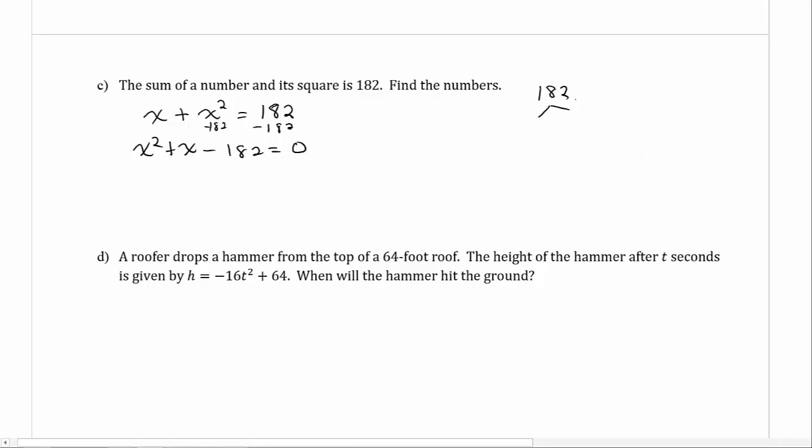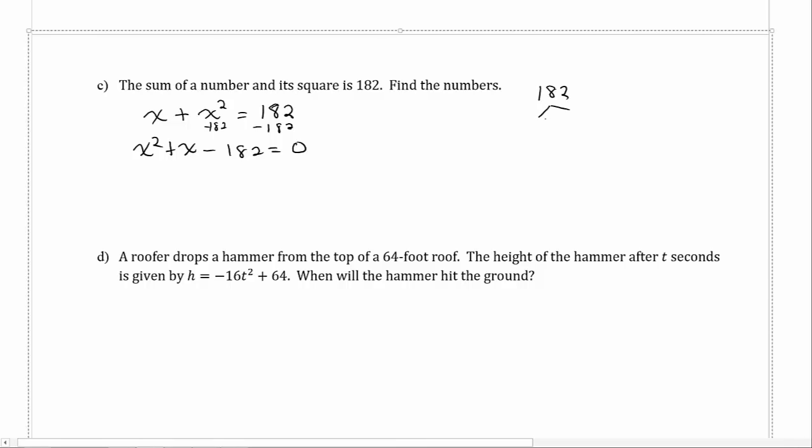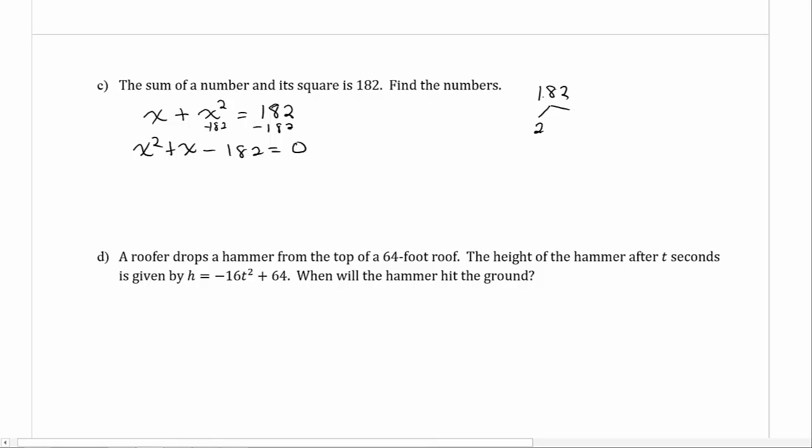Or you can do a factor tree. That would probably be the easiest thing to do. And because it's even, we know it's divisible by 2. And 2 goes into 182 91 times.